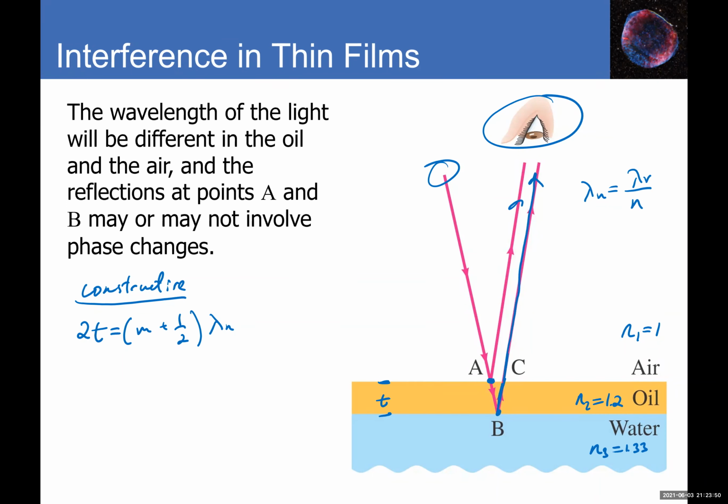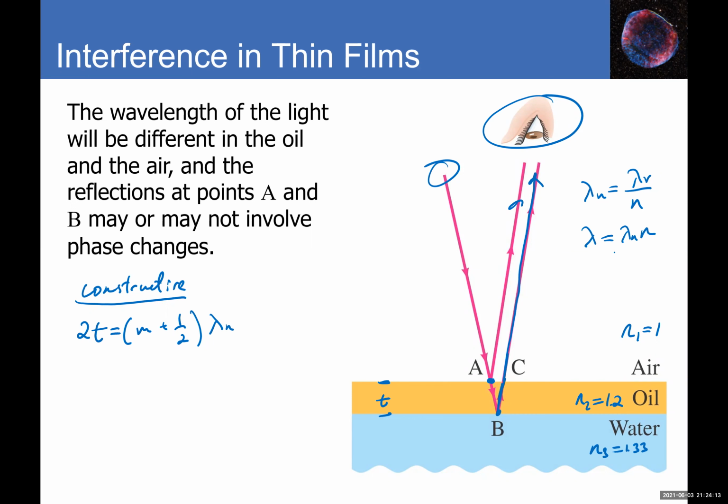Now I can rewrite lambda v, the wavelength in vacuum or air. I can just drop the subscript, meaning it's vacuum or air. Then this is equal to lambda n times n.